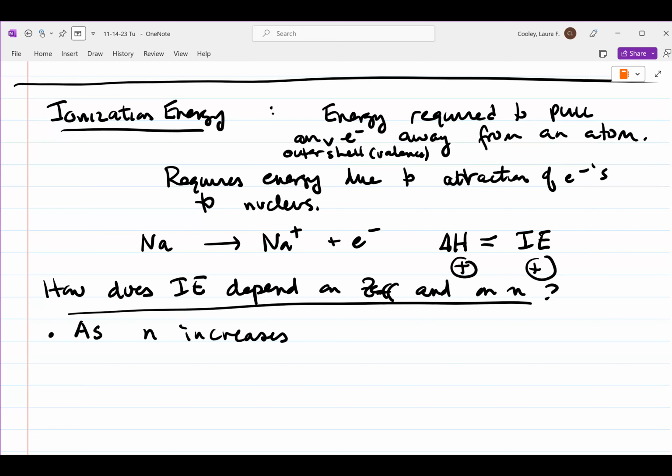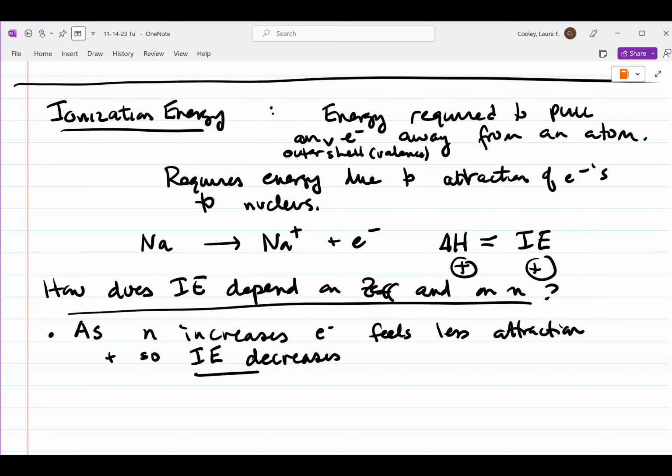So if that electron is further away from the nucleus, it's going to feel less attraction because that attraction falls off as the distance increases. So as N increases, the electron feels less attraction. And so the ionization energy decreases. It's easier to pull an electron away from a larger value of N shell.